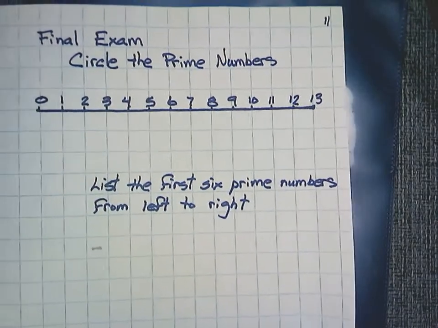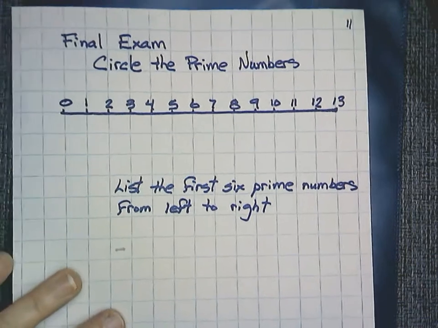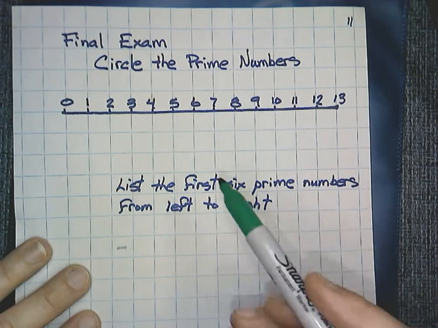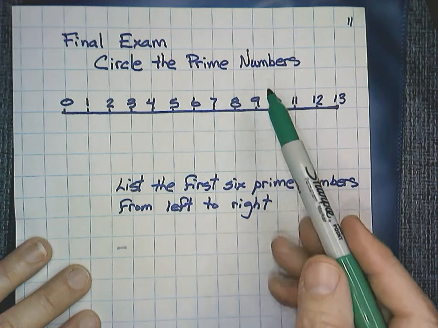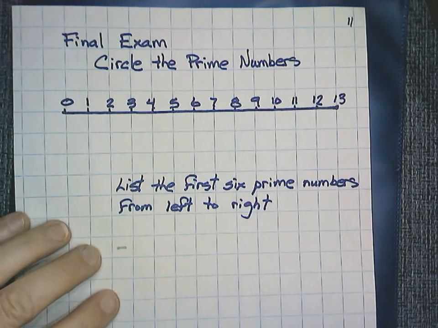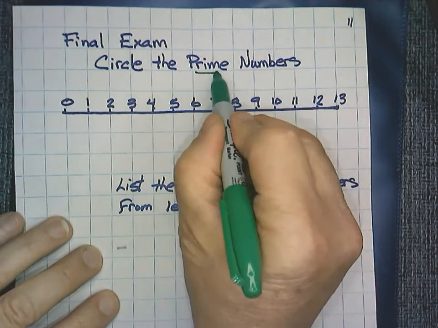Here is your final exam, right? If you want to pause and test yourself, circle the prime numbers. So if you feel like it, pause. But if you didn't pause, I'm going to circle the prime numbers.